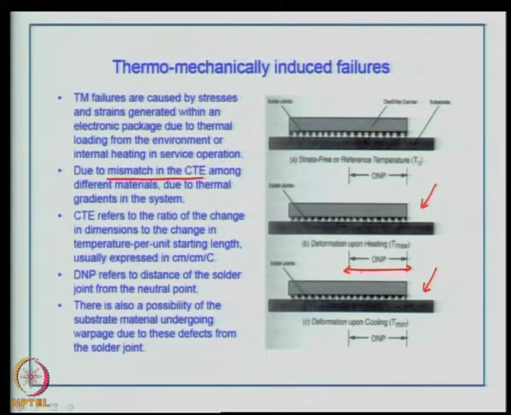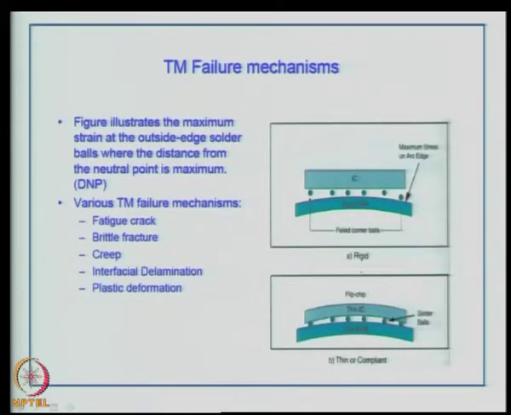There is also a possibility of substrate material undergoing warpage if it is not suited for that system. Now, this is a very good example. As you can see here, there is a rigid printed wiring board. This is rigid, and here you have a flex PCB.